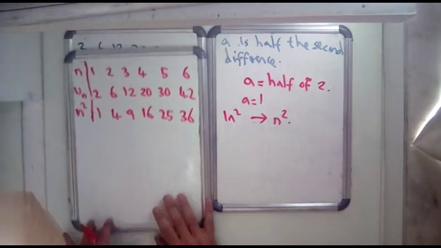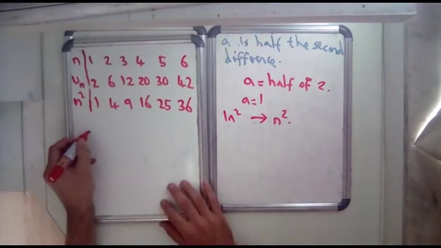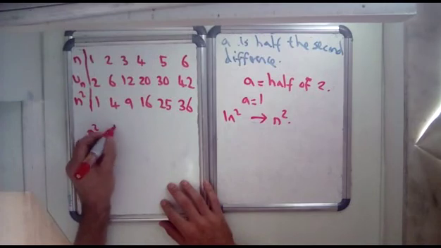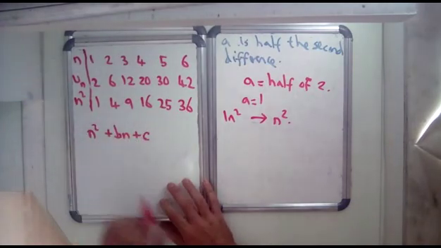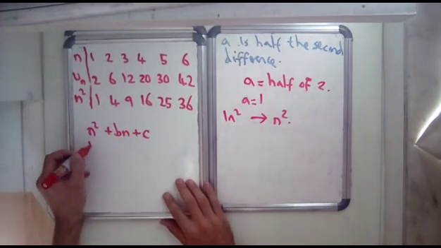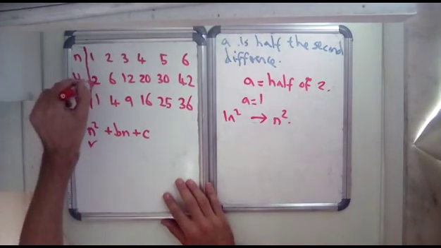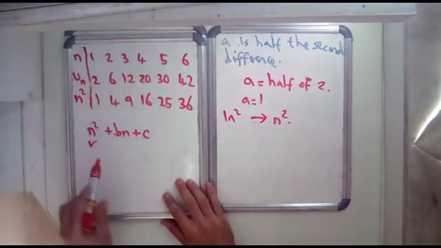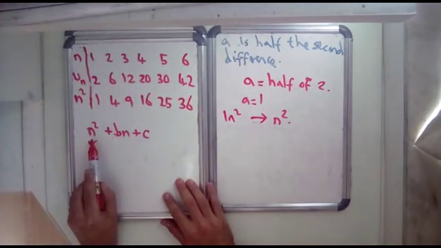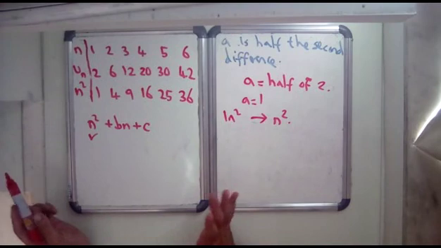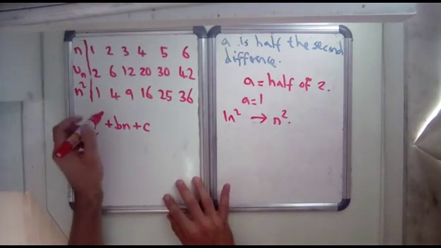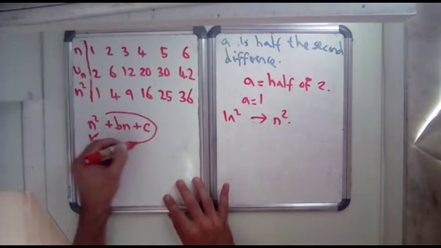Now, I know we've got some kind of n squared plus bn plus c, right? So I know this is there, and I know that the rule has to make it work for all of these numbers, right? I know this must be there, and I'll come into why at some point in the future. So whatever's left must be made up by this, right?